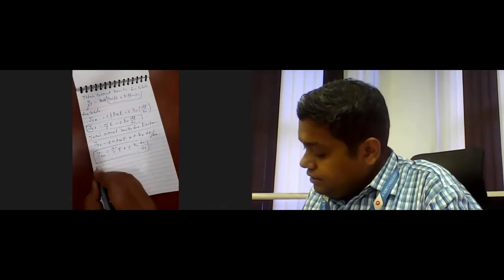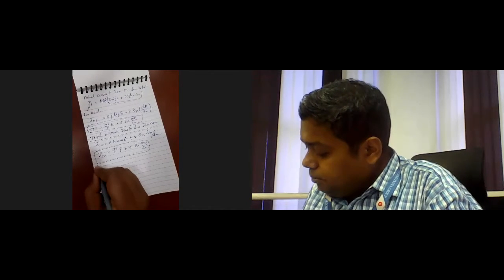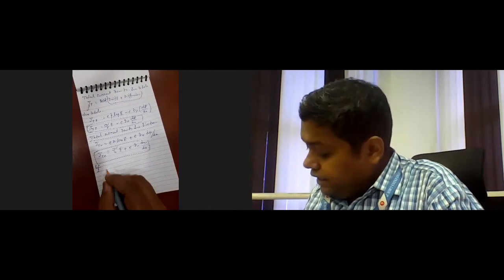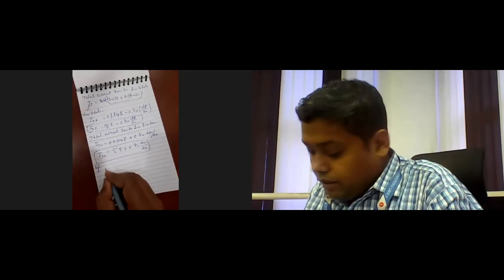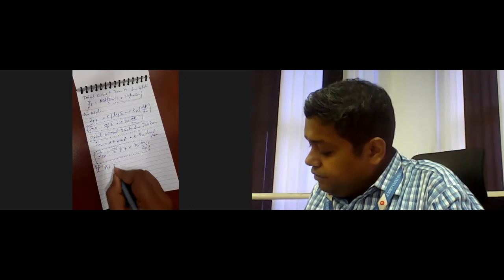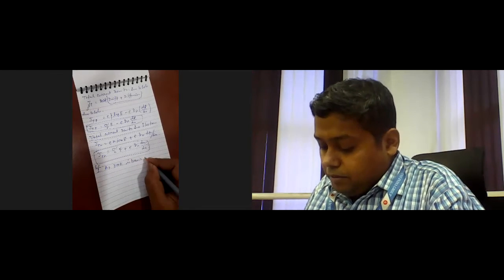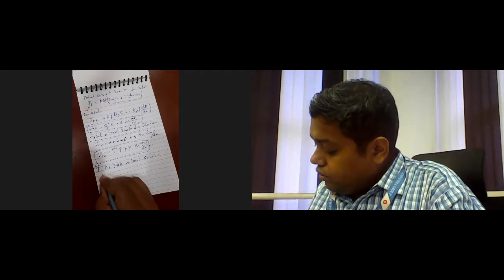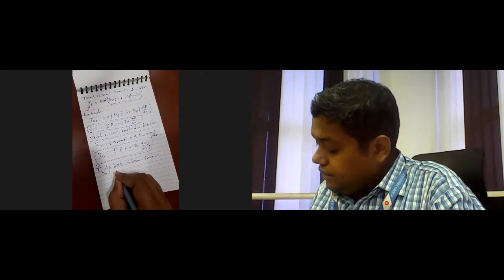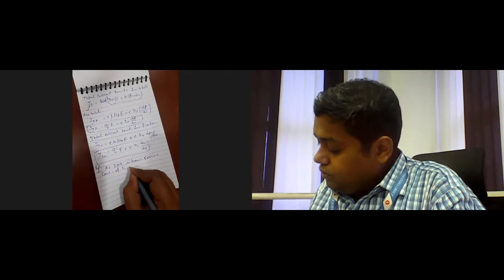So the problem is number 1, example. Please note it down. Everyone is requested to note it down. At 300 Kelvin, the intrinsic carrier concentration of silicon is 1.5 into 10 to the power 16 m to the power minus 3.